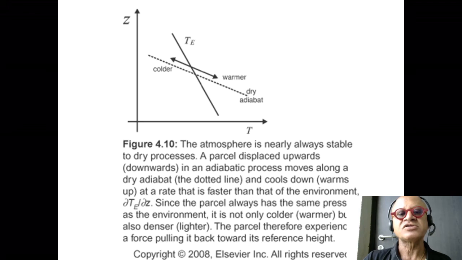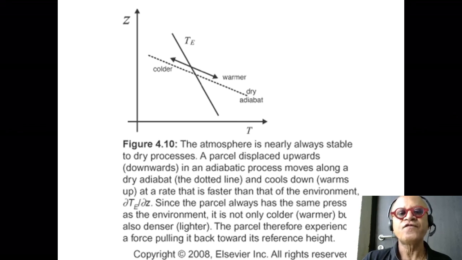So if you move a dry parcel here beyond the environmental temperature and it's colder, then it's going to get heavier, so it's going to want to come back. There are no complications involved like condensation, heating, and so on.